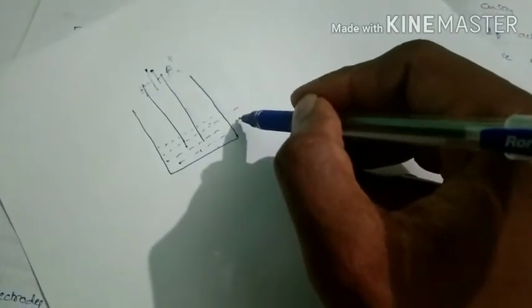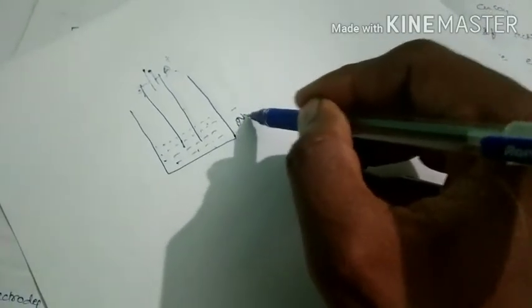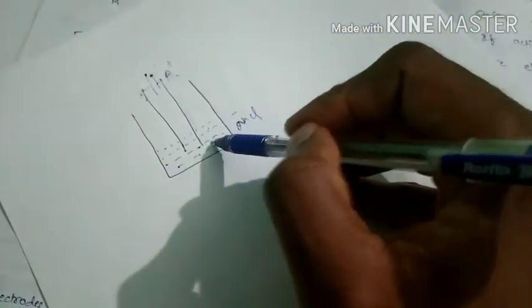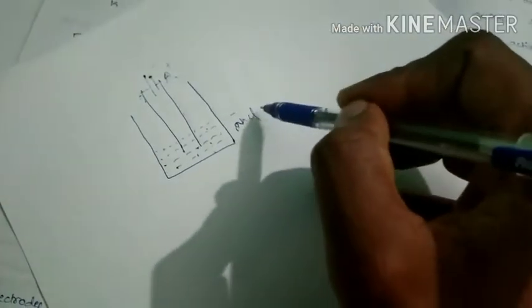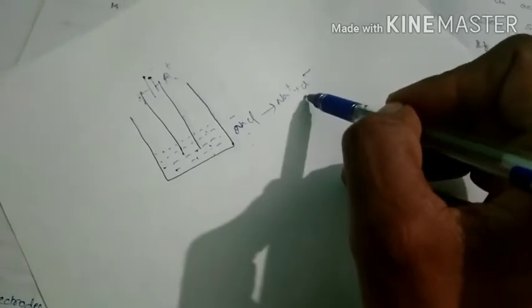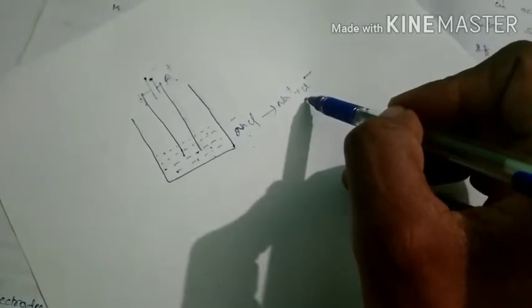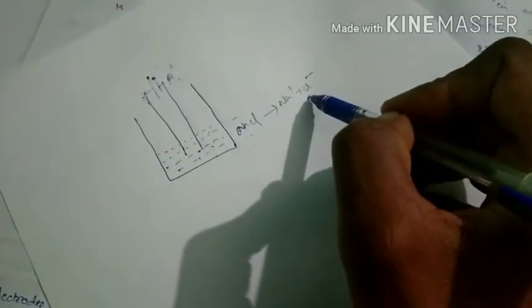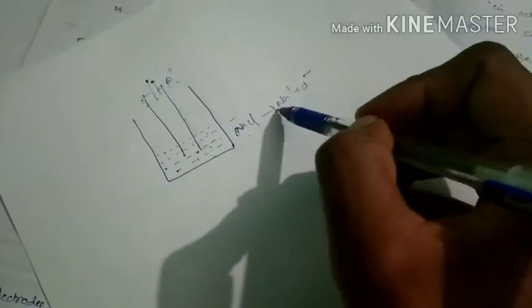For example, I take NaCl electrolyte. When electricity is passed through this electrolyte, then NaCl becomes Na plus and Cl minus. This takes place by passing electricity. This step is called the ionization step, that means ions are formed here.